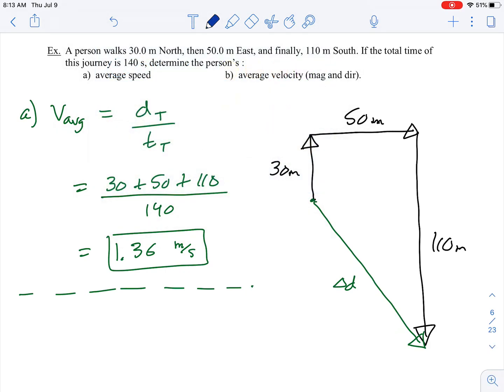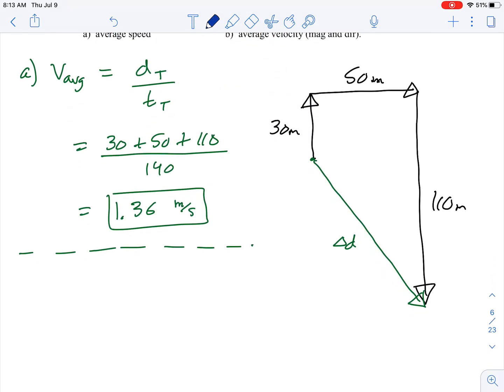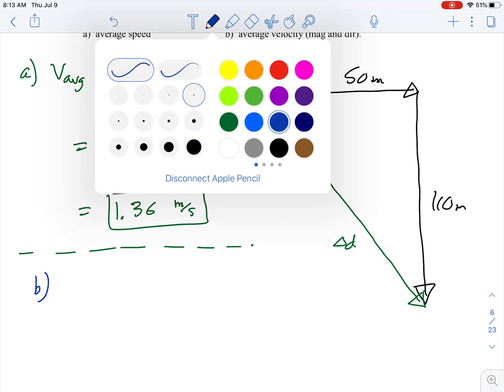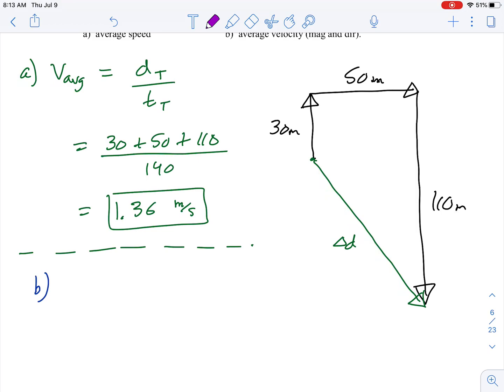Now, if we're going to do average velocity, though, we need to first of all figure out the displacement. And to do that, this is kind of the inspiration. You want to make a triangle.